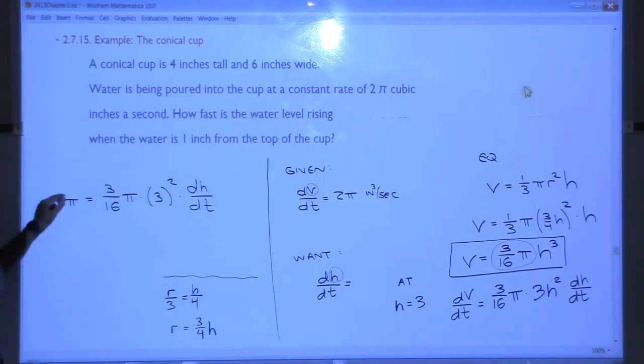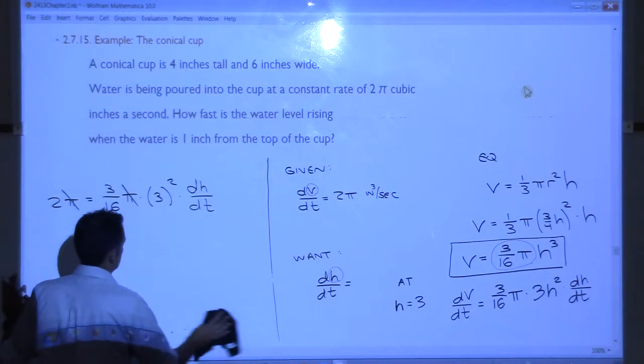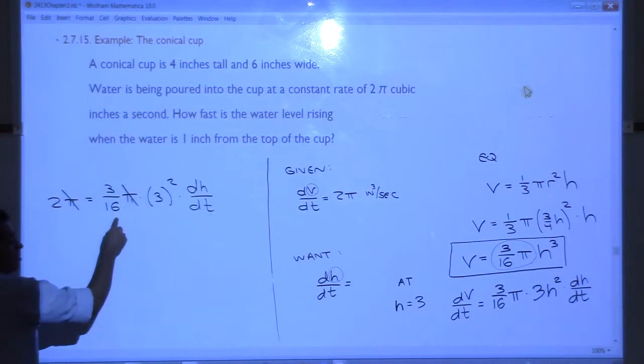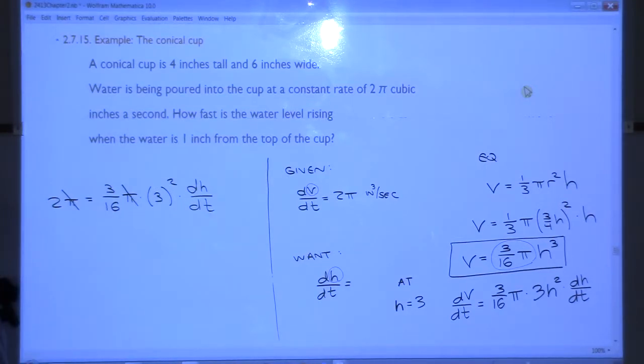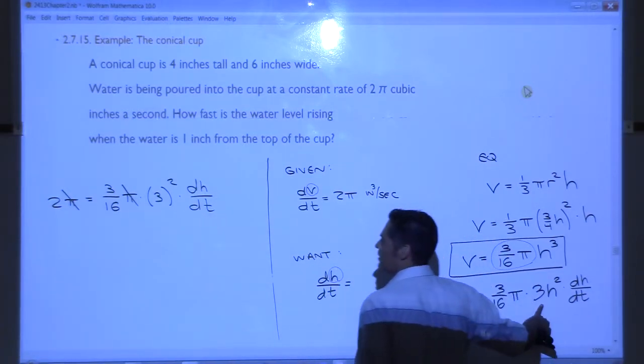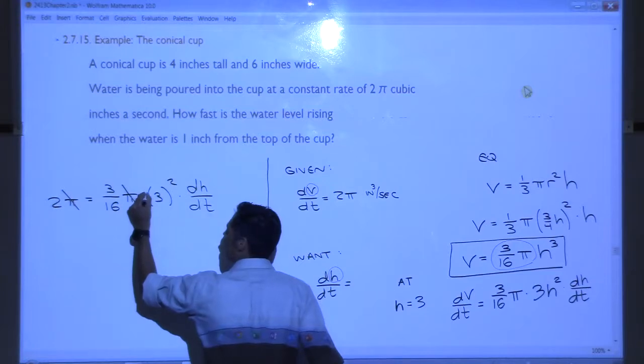So just right off the bat, I'm going to divide both sides by pi, and those are gone. And then, let's see, what am I going to get here? 9, and then times 3 is 27 over 16, right? 27 over 16. Why are y'all looking at me weird? Y'all all right? Wait, the 3 times 3 becomes 9 over 16. Yeah. Oh, I forgot this 3. I could tell y'all were looking weird. Okay, there's a 3 in here.